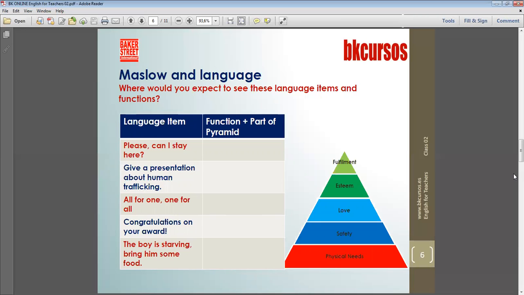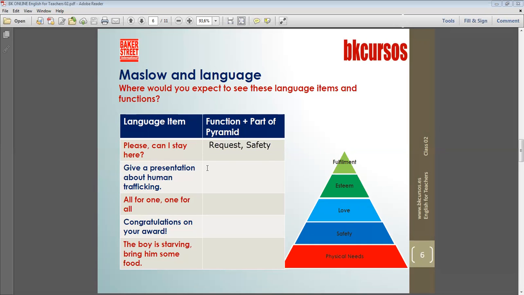What are we doing there? Asking for permission, or we're making a request. Good. And we said that was safety. Can I stay here? We're asking for shelter. Very good.